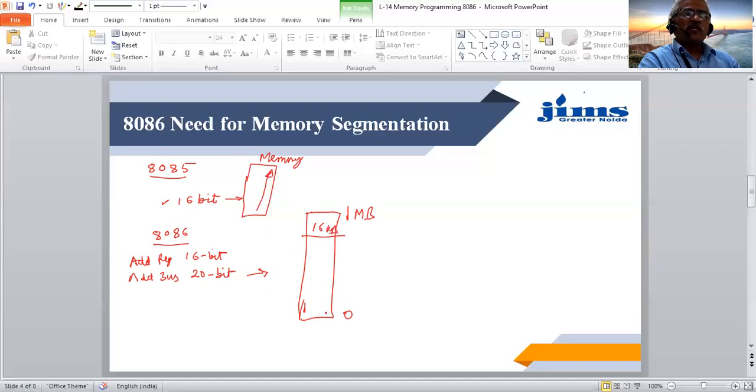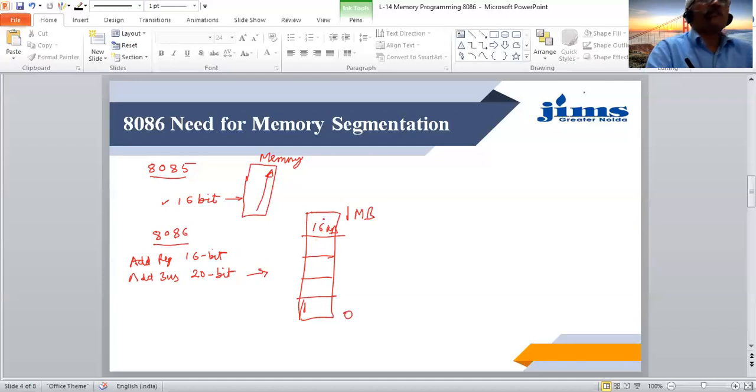So, as to address the full address space of 1 megabyte, we need to segment this memory so that with 16-bit memory addresses, we can linearly address 64 kilobytes.